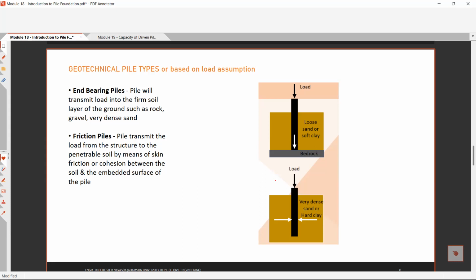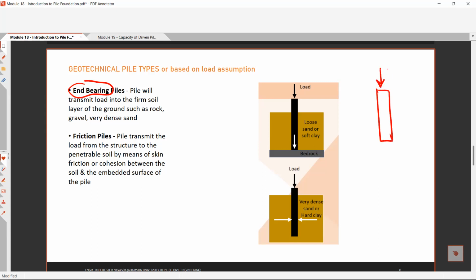So basically, yung end-bearing piles, okay, the load assumption is walang skin friction at tanging naabot niyo yung bedrock. Naabot niyo yung very strong soil sa ilalim. And kapag naabot niyo yung very strong soil sa ilalim, kaya siya tinawag na end-bearing. Okay, so parang ano lang to, end-bearing, Q-tip. Okay, so parang ganito.